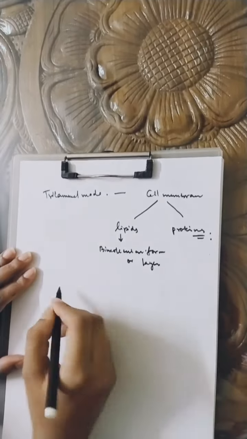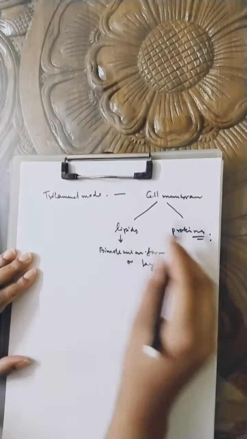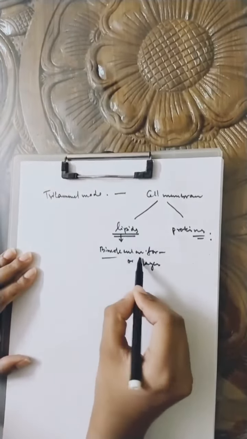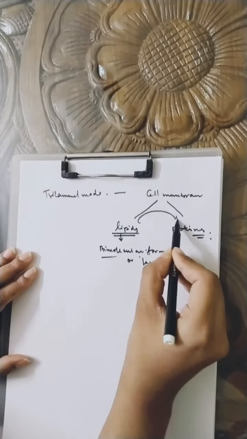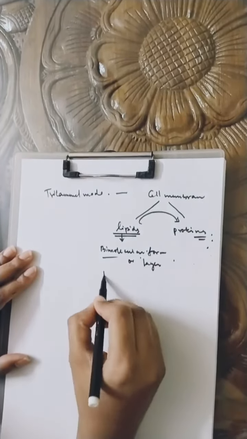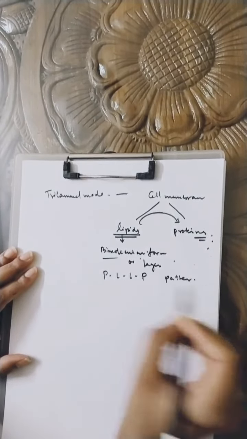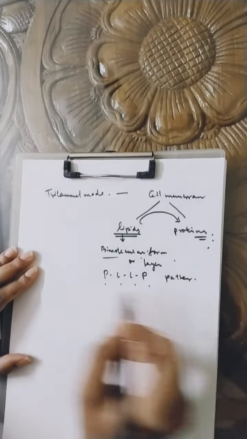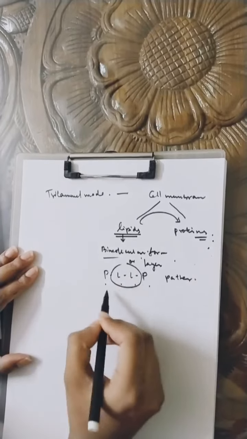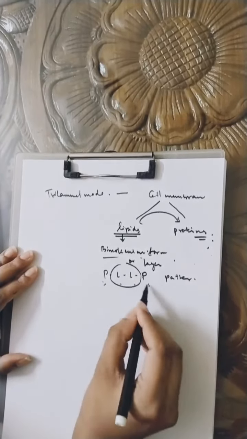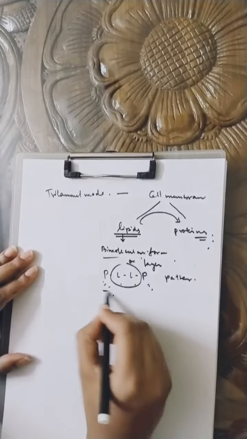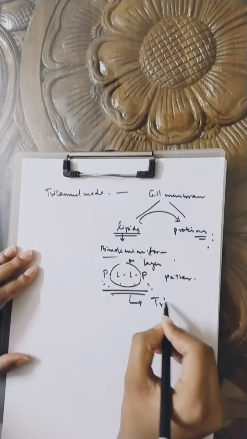The lipids, being bimolecular, are embedded between two layers of proteins, forming a PLLP pattern, meaning protein, lipid, lipid, protein layer. The lipid part is sandwiched between two layers of protein to form a trilamellar pattern.